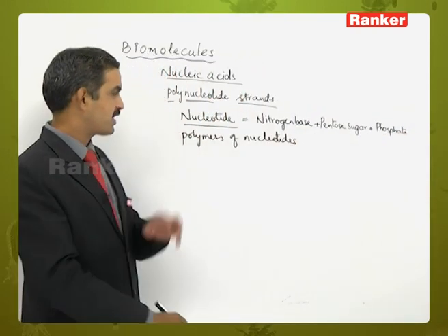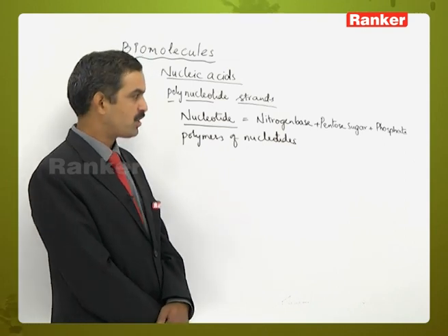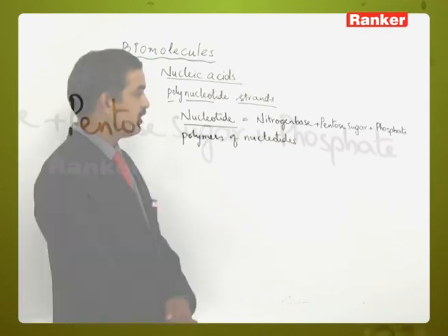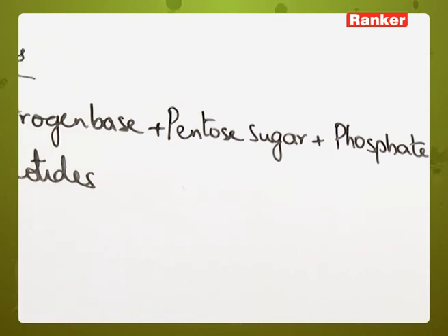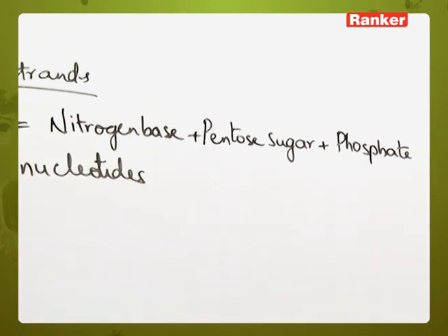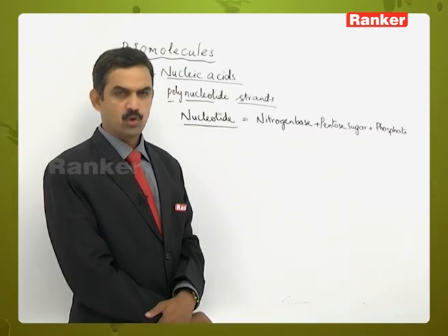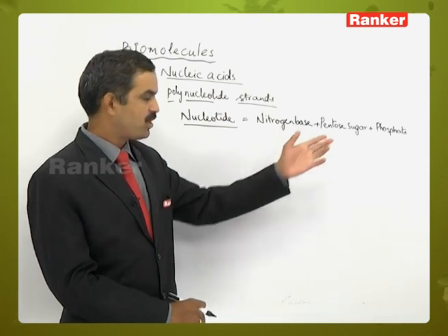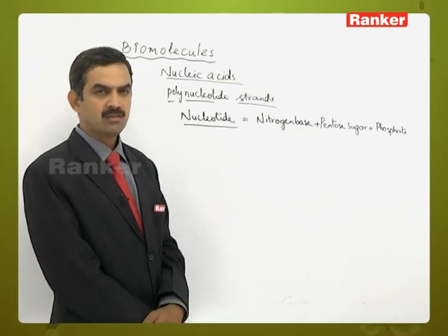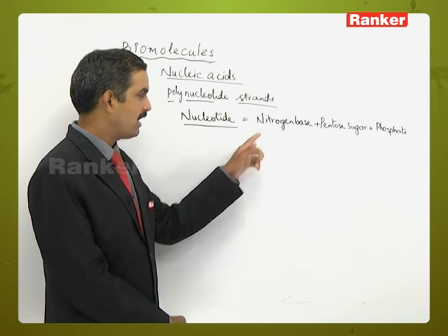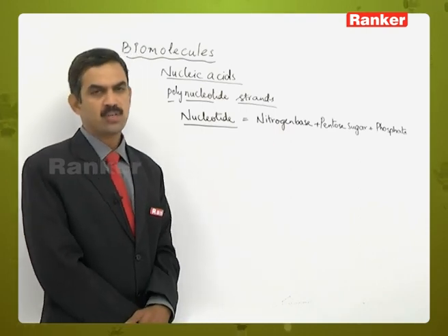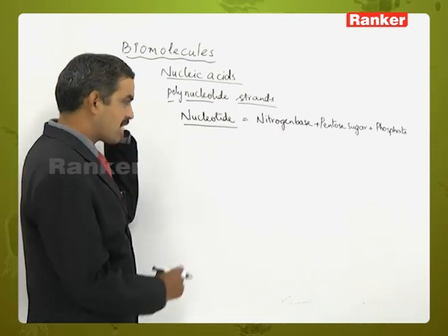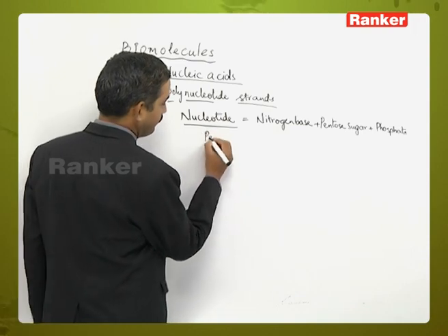So one nucleotide is made up of one nitrogen base, one pentose sugar and one phosphate group. So the ratio between these three will be 1:1:1. Then what is a phosphate group? The PO4. A pentose sugar is a 5 carbon containing compound, and nitrogen bases are purines and pyrimidines. Let's start with pentose sugar.